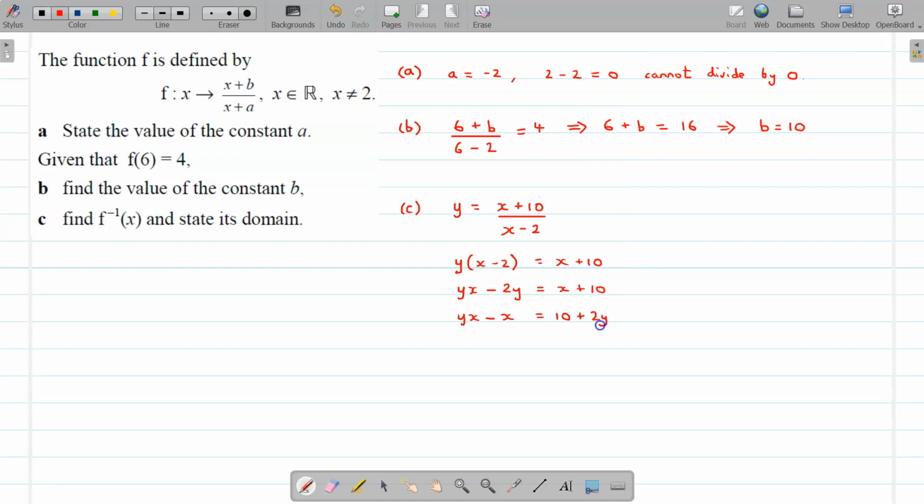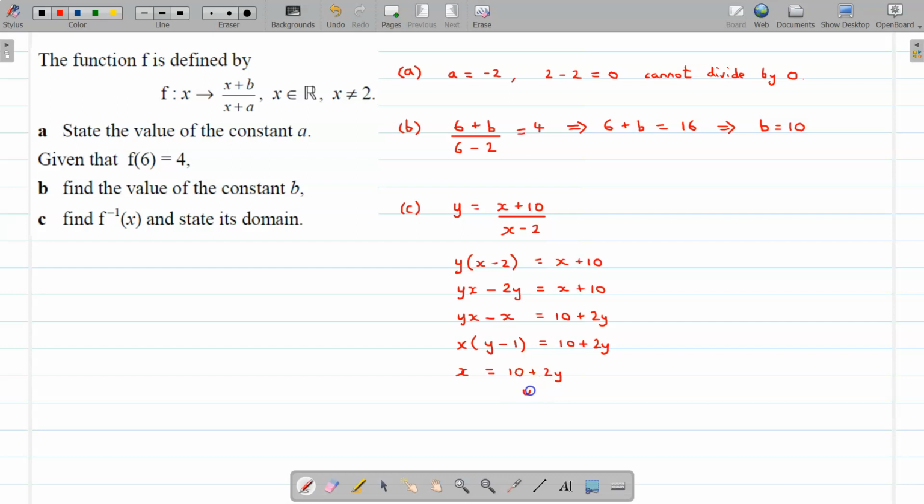Now with all the x's on one side, I can factorize out the x, and I now have a single x term on the left hand side, and that equals 10 plus 2y. And now I just need to divide both sides by y minus 1. So I get x equals 10 plus 2y over y minus 1.